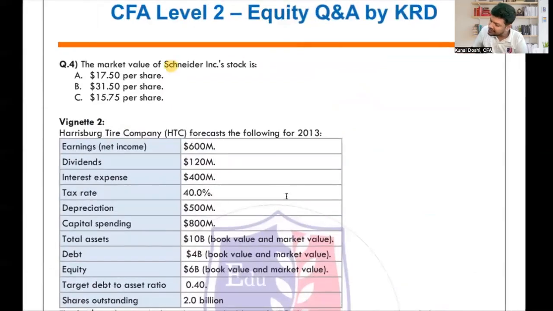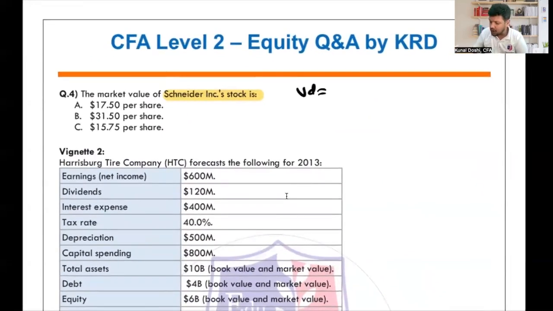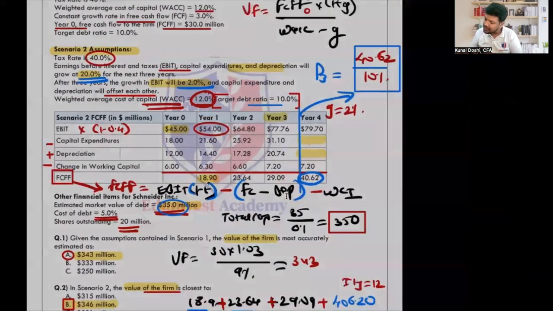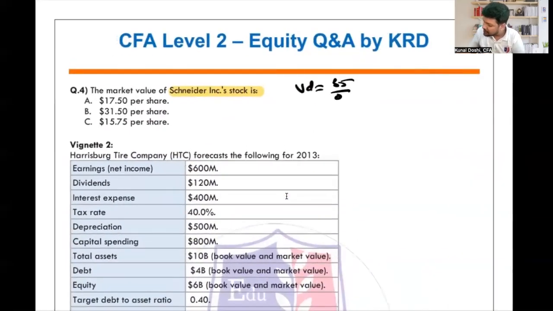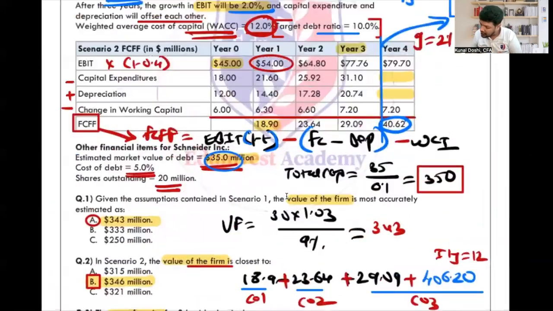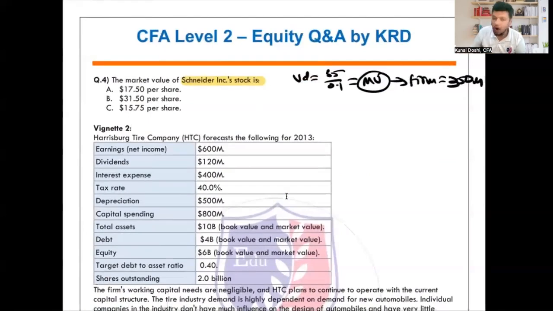Next, the market value of the company's stock. We already have the market value of debt. They provided us with debt of 35 million, which is 10 percent. So the market value of the entire firm is 350, and 90% was the value of equity. They're asking what is the market value of the company's equity per share.